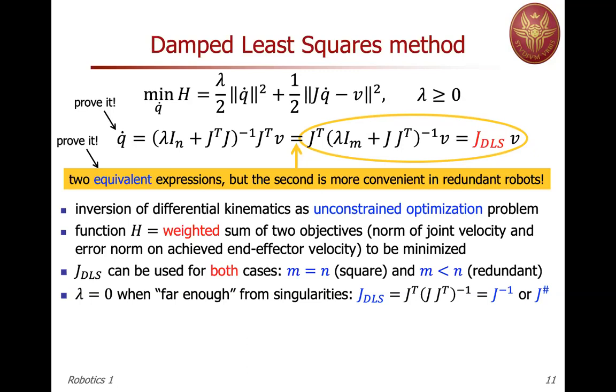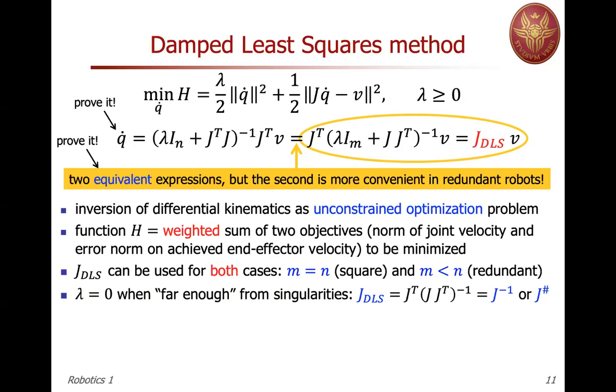You get an n times m matrix, so n rows and m columns, multiplied by the m-dimensional velocity vector V. It provides you the joint velocity. And this is nothing else than the pseudo-inverse of the matrix. It's the definition of a pseudo-inverse of the matrix that we will encounter in a short moment. Okay, and this is when we are far enough. So lambda can be taken to 0.